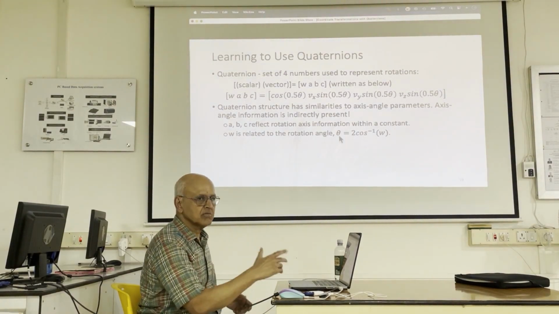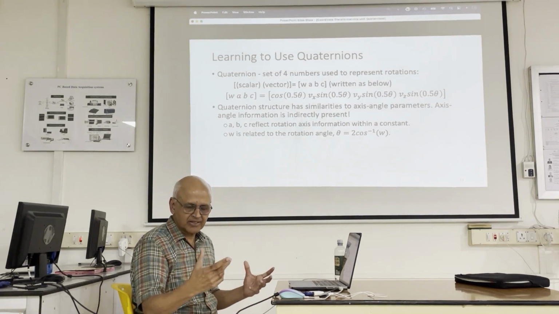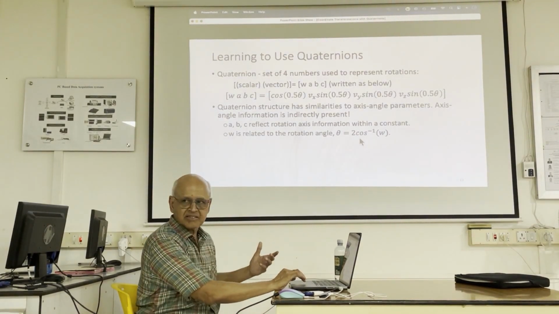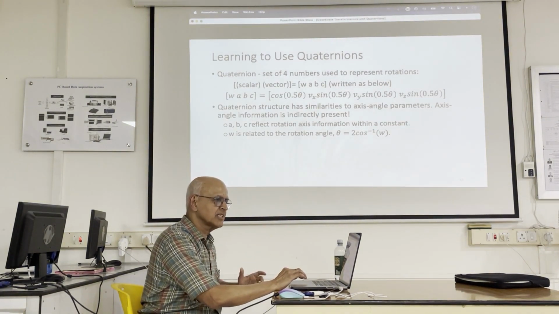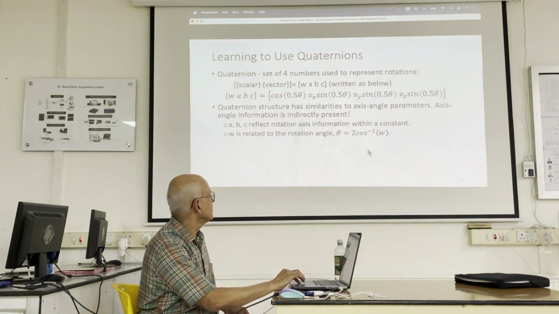So when they are doing an Euler to quaternion conversion, nothing great, it's something simple like this, but they are sparing you from having to put in the formula. The MATLAB function gives you the result, but essentially the angle can be peeled off from W like this.